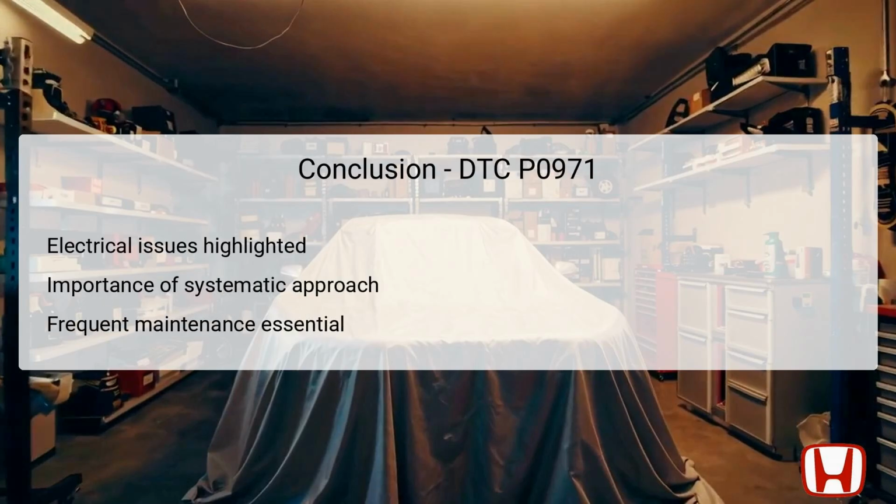In conclusion, the DTC P0971 for the Honda Civic from 2011 to 2015 reveals significant electrical issues affecting the Pressure Control Solenoid C. Recognizing the distinction between mechanical and electrical faults is crucial for accurate diagnostics. Following a systematic troubleshooting approach assists technicians in isolating the problem effectively, ensuring they address the actual root cause rather than surface symptoms.